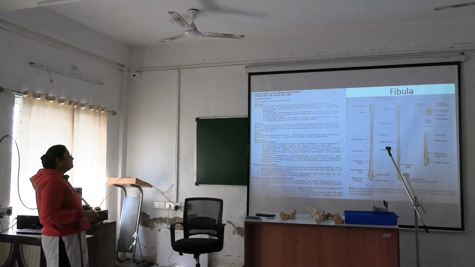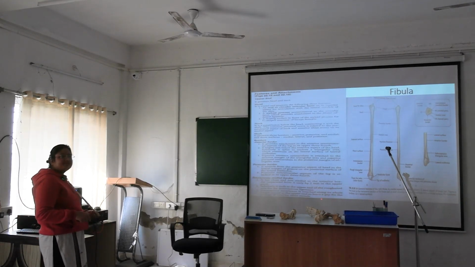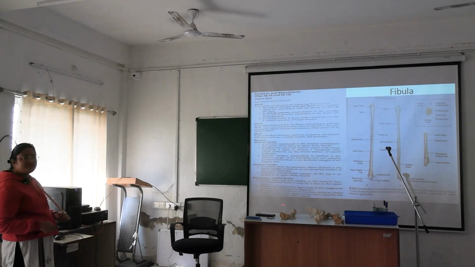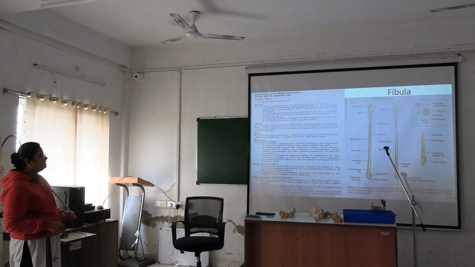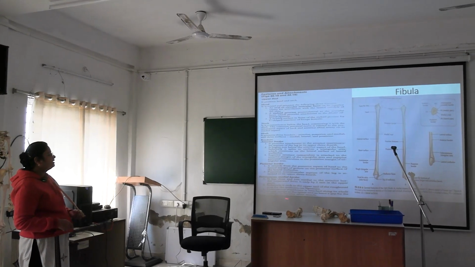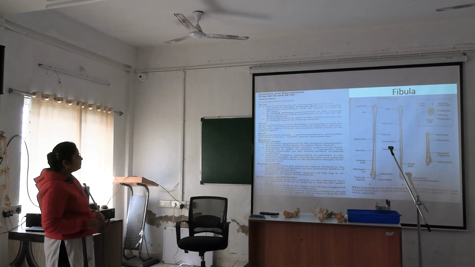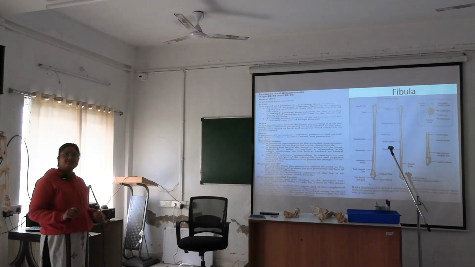The interosseous membrane is attached along its whole length except at the upper end, to leave a gap for the passage of the anterior tibial vessels. So these are the three borders and their attachments we have discussed.